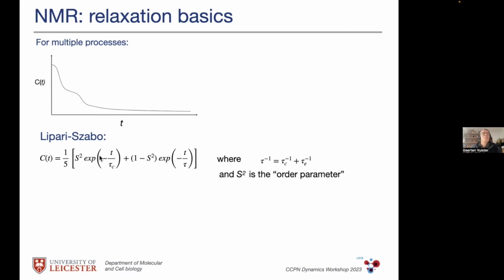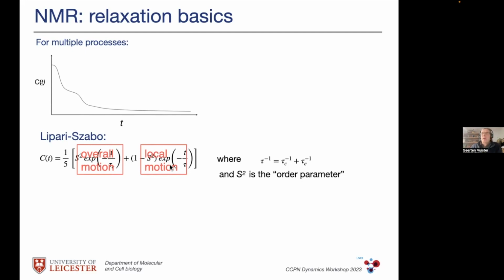We're going to introduce something which is called an order parameter, S squared, which just is the weighing between those two terms. Now you have to interpret the first term of this correlation function as the overall motion, how the molecule tumbles as a whole, and the second term as the local motion, how it behaves on a local scale.